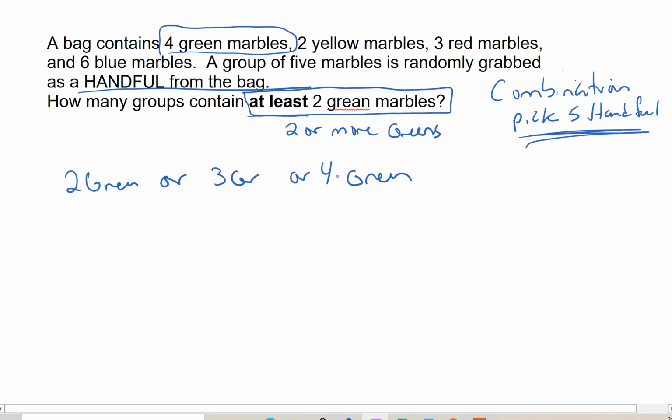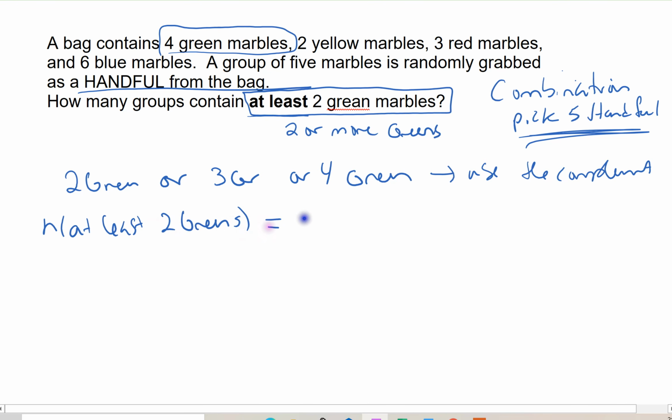I'm actually going to use the complement. The complement to this would be I find my universal set and I figure out, well, what sets do I throw away? What sets do I want to get rid of? So I'm going to use the complement. So the number of ways to get at least 2 greens, using the complement, would be the number in my universal set, all possible handfuls of 5, minus the number that I don't want.